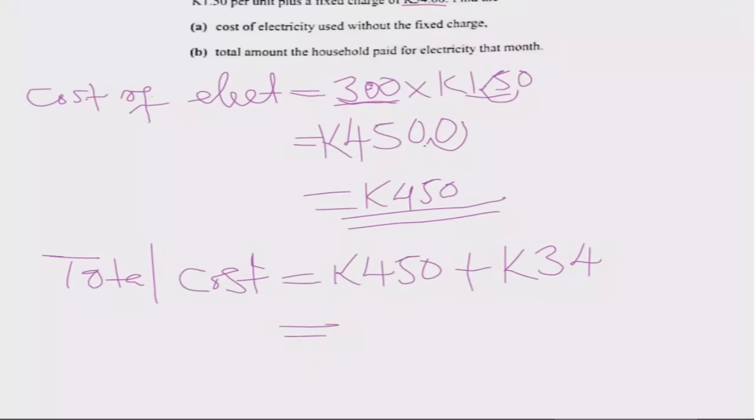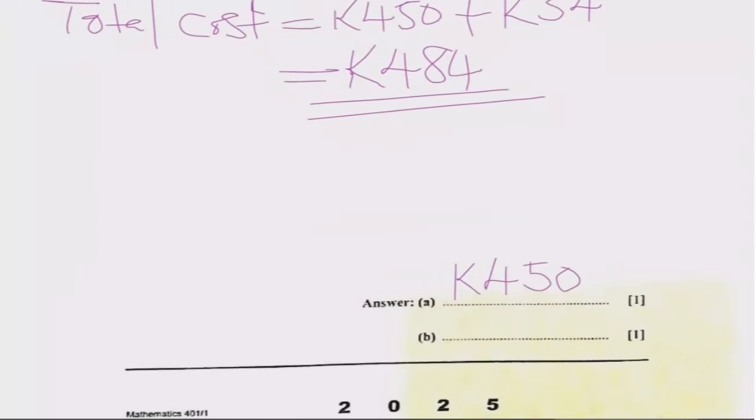So what we need to do now is we find the sum of 450 kwacha plus 34 kwacha, which will give us 484 kwacha as the total cost in that particular month. So what we do now is we come and record that.